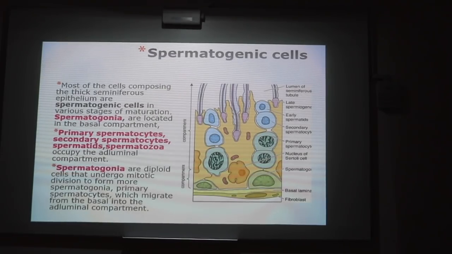About 4.5 cycles are required to reach the final mature stage. So if each stage requires 16 days and you need 4.5 or 4.6 stages to reach the mature sperm stage, it means you need about 84 days to get from the spermatogonia all the way to the mature stage.